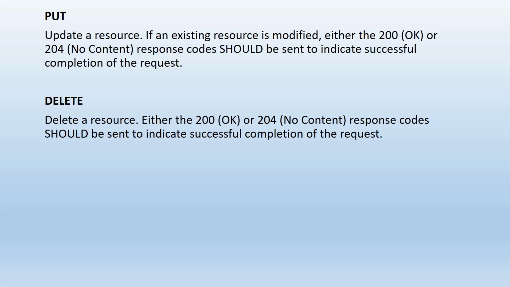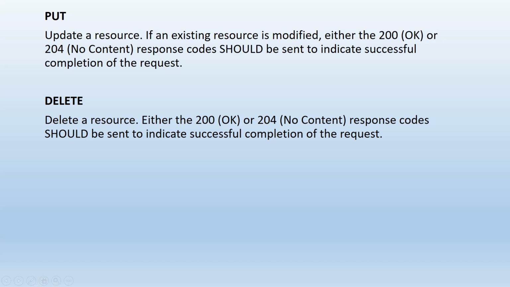So we can use the PUT HTTP method to update a resource. When you use PUT, we can use either 200 OK or 204 No Content response code to indicate successful completion of the PUT request.